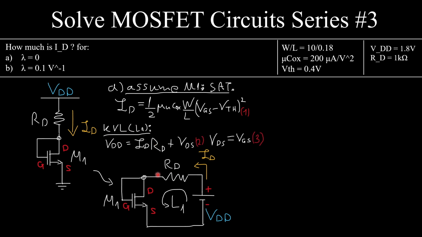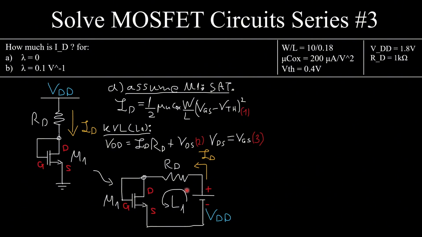So I'm going to do a KVL on this loop, and I'm going to say that VDD, this battery voltage, because the loop goes like this, because I enter a negative terminal, this VDD is going to be on this side of the equation, and then every other time that I enter a positive terminal, I'm going to put it on the other side of the equation.